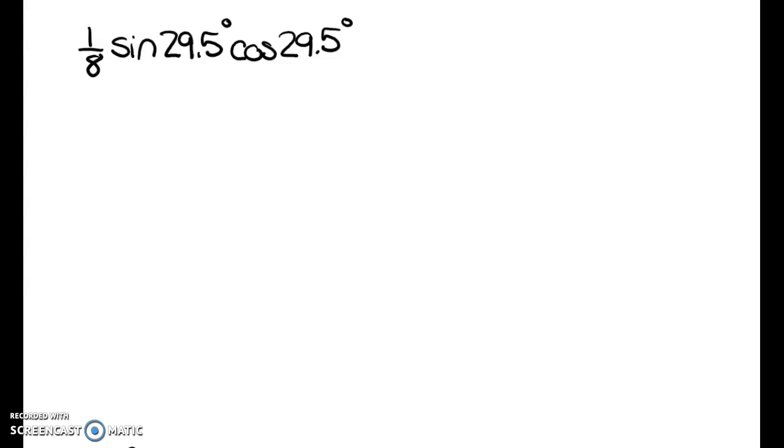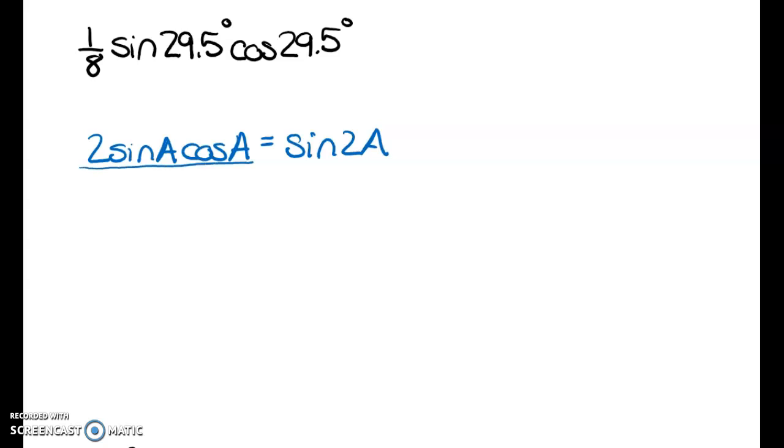All right, so again, I don't have an identity that has a 1/8 in front, but I do have an identity, I believe, I think it's the double angle identity for sine. I have 2 sine A cosine A equals sine of 2A. So this is pretty close to this, except it has a 1/8 in front.